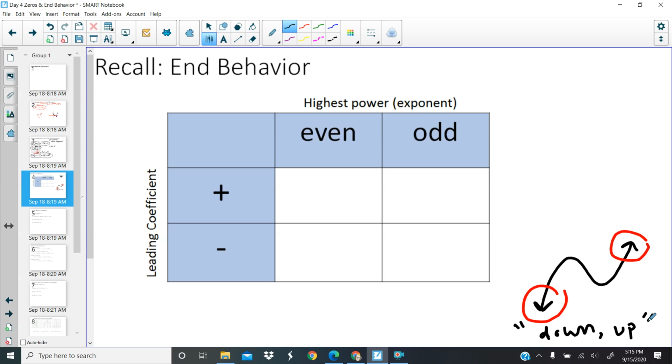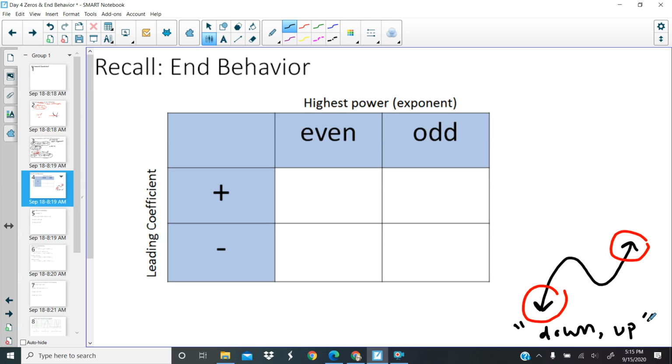So then I just wanted to go over what is causing the end behavior in these situations. It's going to be based on what the highest power of your equation is, or the highest exponent, and what the leading coefficient on that term with the highest exponent is.